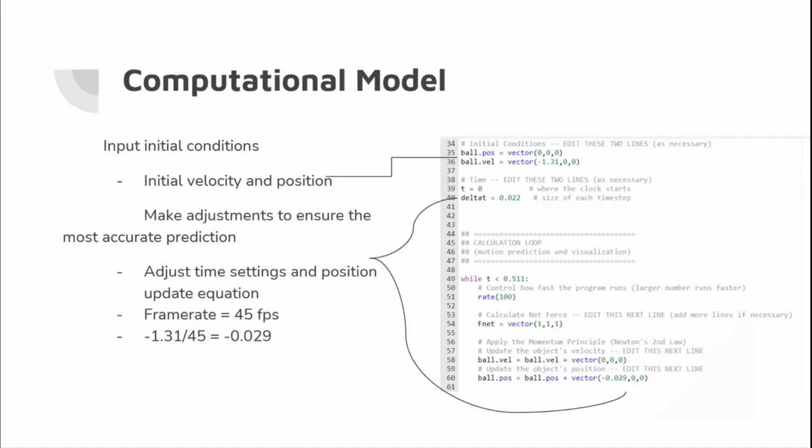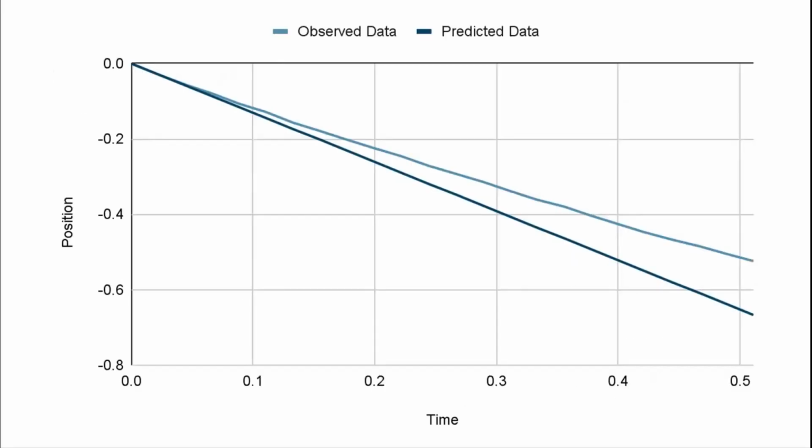For our delta t, we had to make the adjustments based on the frames, and that was the same with our velocity. If you see at the bottom, our velocity in the position update equation is negative 0.029, which we did because the frame rate was 45 frames per second, and you have to divide the velocity by the frame rate for the computational model to run correctly.